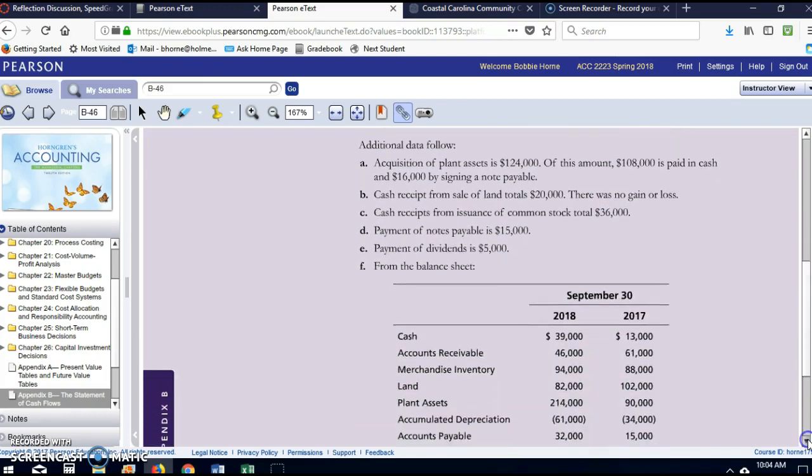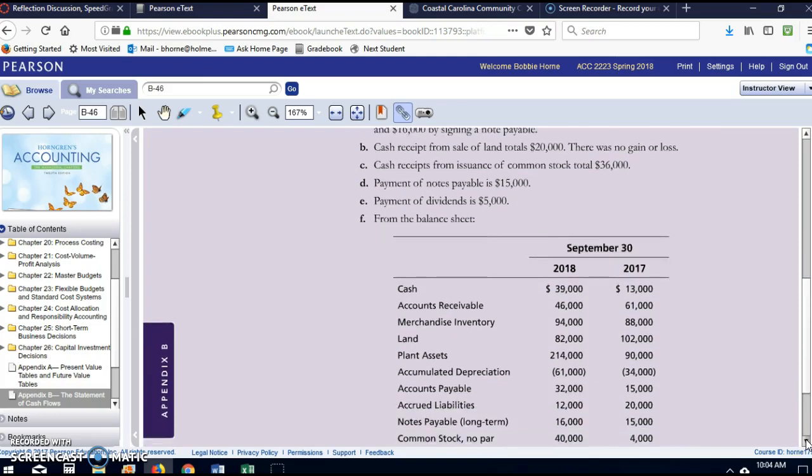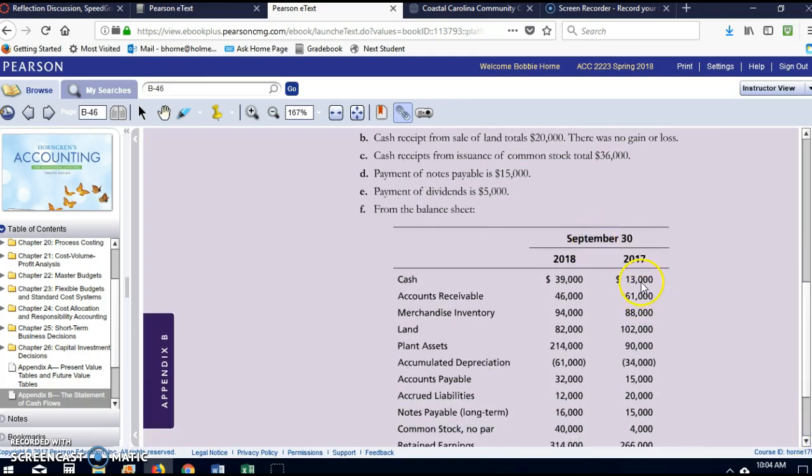But we also have some additional data here, A through F. We have the balance sheet, so we already know our answer to the change in cash. What did it do from 2017 to 2018? It increased by $26,000.